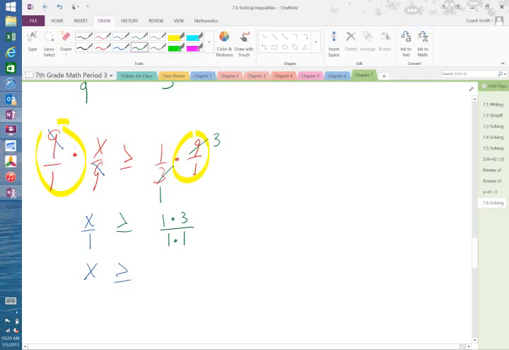Well, 1 times 3 on top is 3, and 3 over 1 is 3. So what they're saying is this: x has to be greater than or equal to 3 for this inequality to be true. Well, let's check.